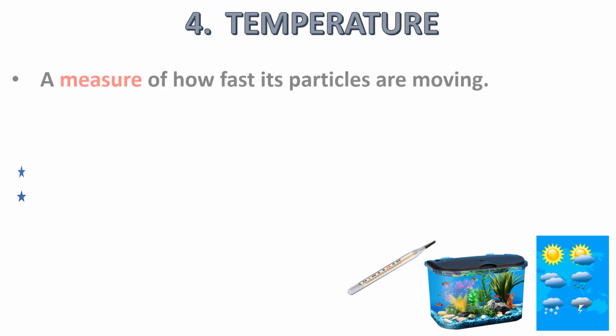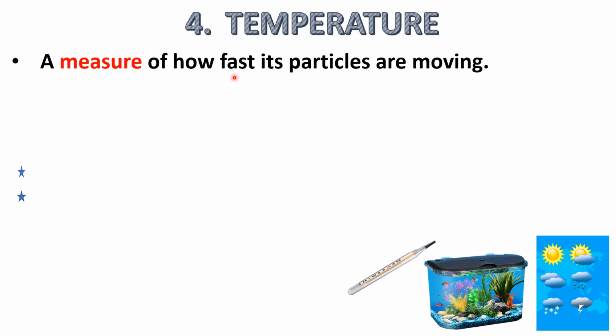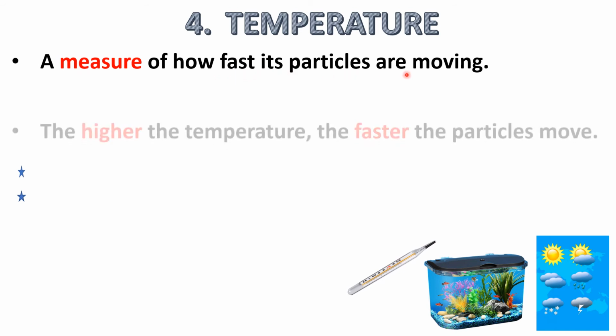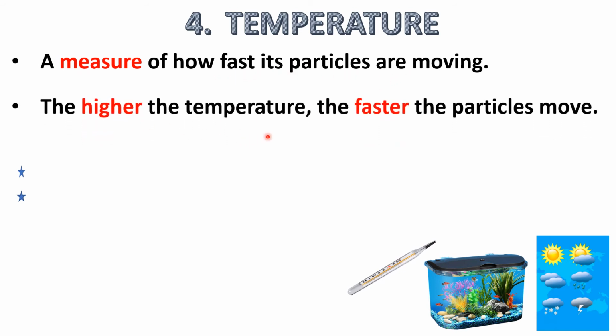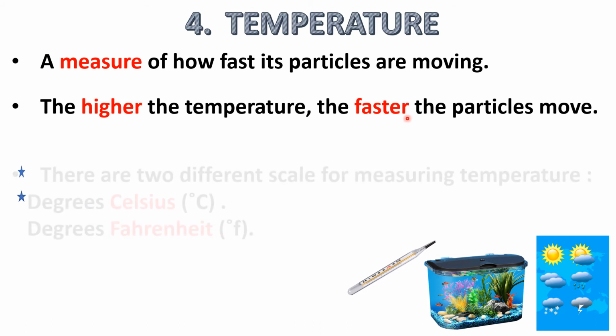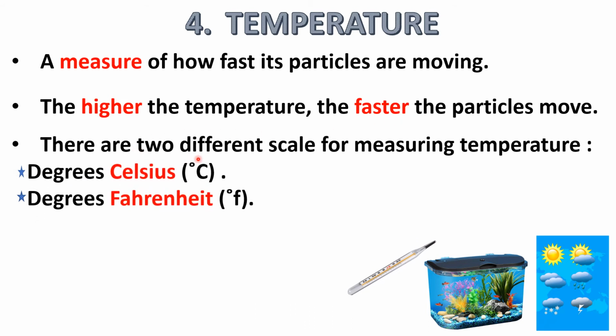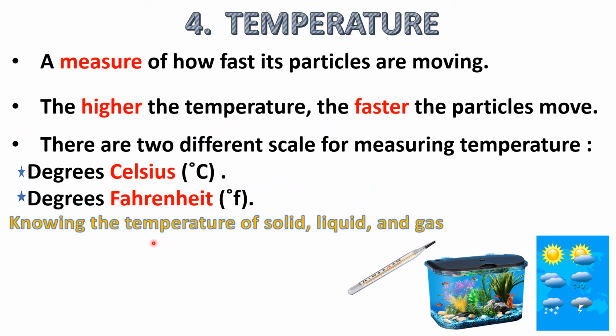The fourth one is temperature. It is a measure of how fast particles are moving. The higher the temperature, the faster the particles move. There are two different scales for measuring temperature: degrees Celsius and degrees Fahrenheit.